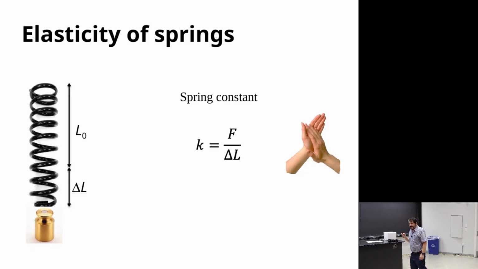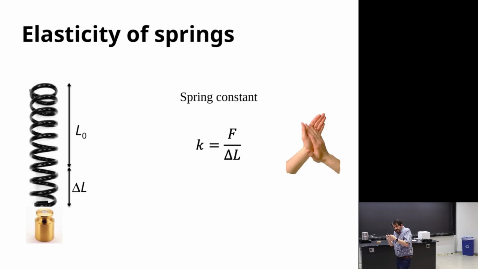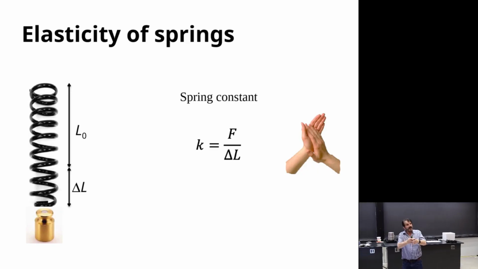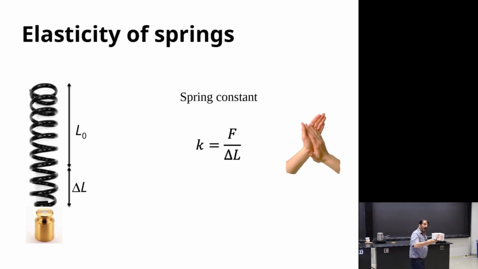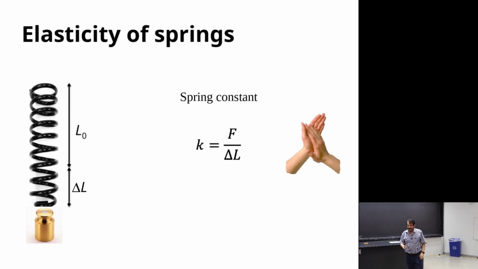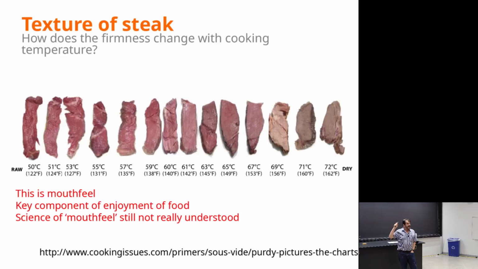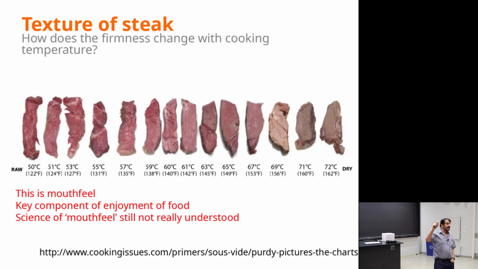But the problem is the elasticity, the spring just depends on a force. If I have something that I chew, some dish or something like that, then the force will depend on how big it is. And we don't want that. But it's very important to understand. So the texture of something, how you chew something, depends on its springiness, depends on its elasticity.